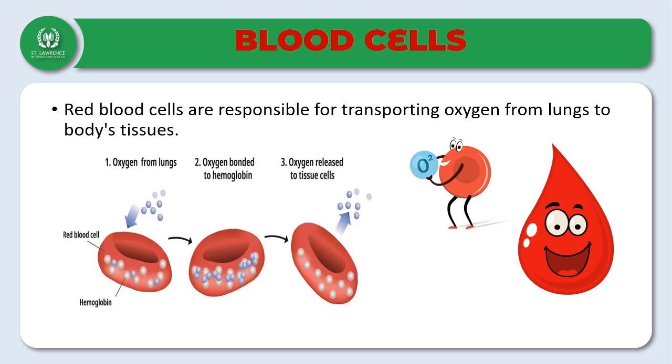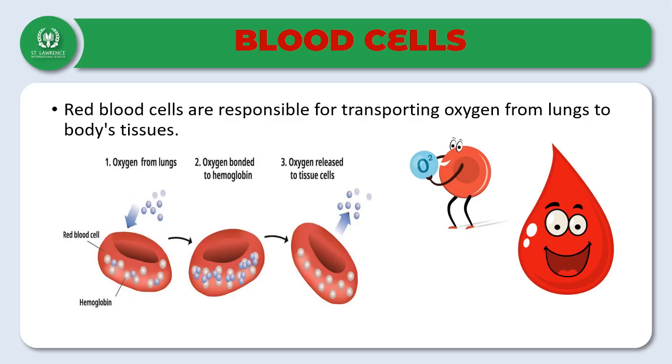Now this oxygen that is being carried by the red blood cell will be supplied to every cell throughout the body, and in return, after it releases the oxygen to all the tissues and the cells, you can see in the third picture there how oxygen is released into other cells. They also give back carbon dioxide to these, so it will also carry back carbon dioxide.